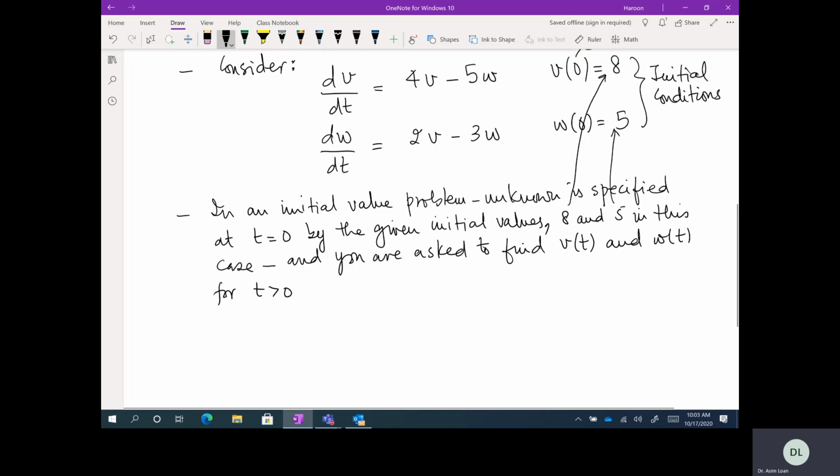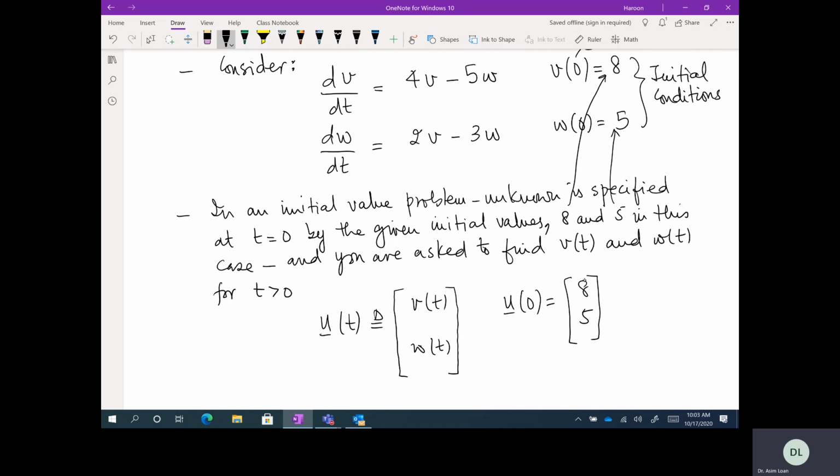Okay. So let me write this problem in the matrix format, and let's define U of t. Whenever I put a triangle on the equal to sign, this means it's a definition. So U of t is V of t and W of t. U of 0 is simply 8 and 5, the values of V of 0 and W of 0.